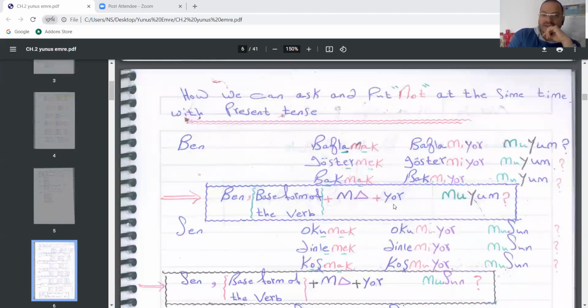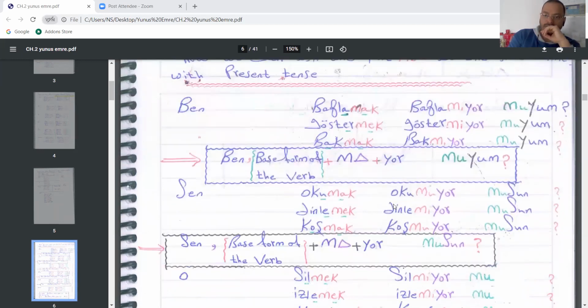How can we ask about negation at the same time with the present tense? How can we ask and put negation in the present tense form? It will be like that. Bağlamak. We will use this form. Ben, the base form of the verb plus m delta, your m delta, or we can say mu, because here the y is constant between these two vowel letters.